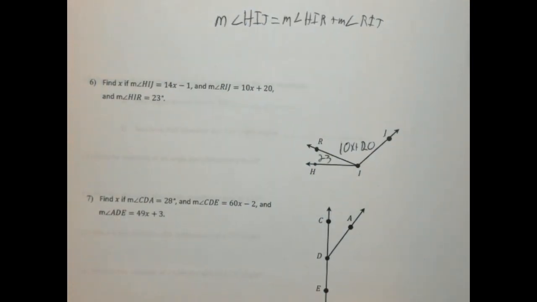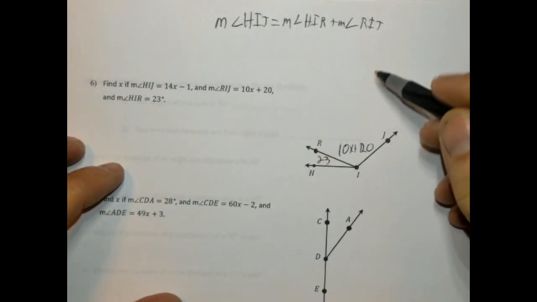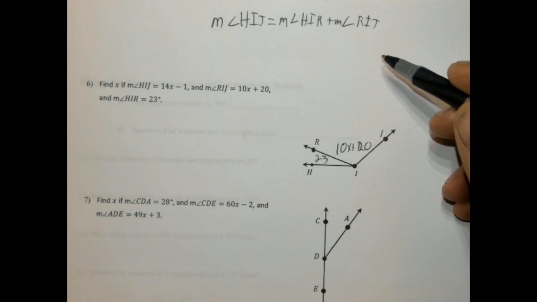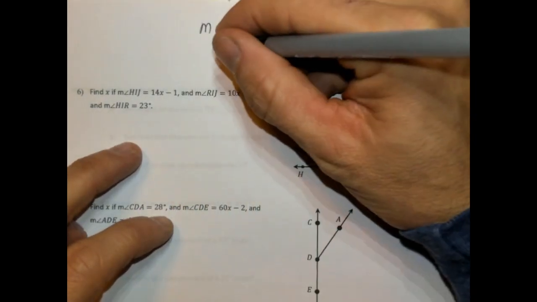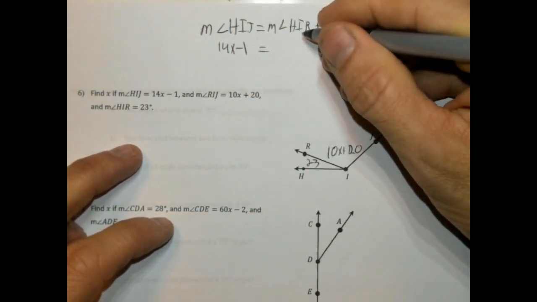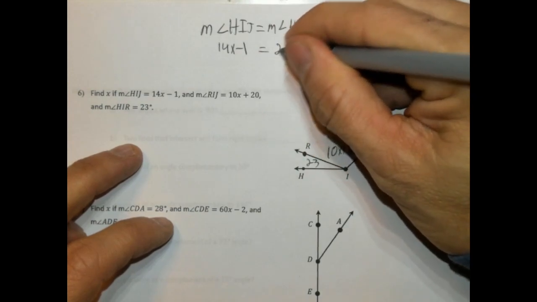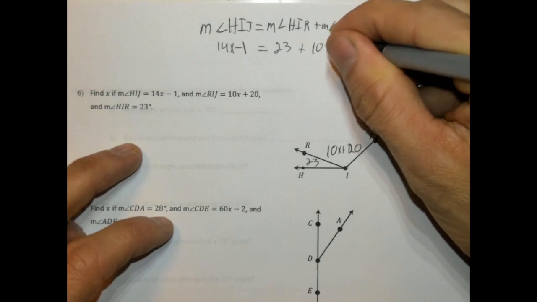Where were we? Okay, so the whole thing is HIJ, this little part's HIR, and this other part's RIJ. So let's plug these in. HIJ is 14x minus 1. HIR is 23 degrees. And RIJ is 10x plus 20.